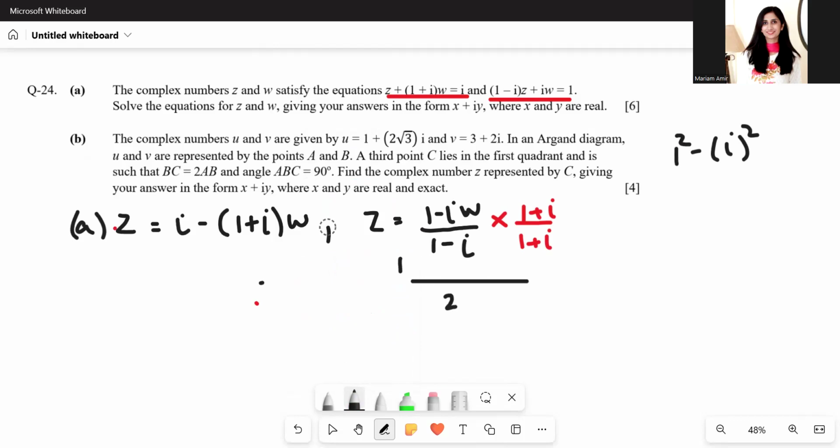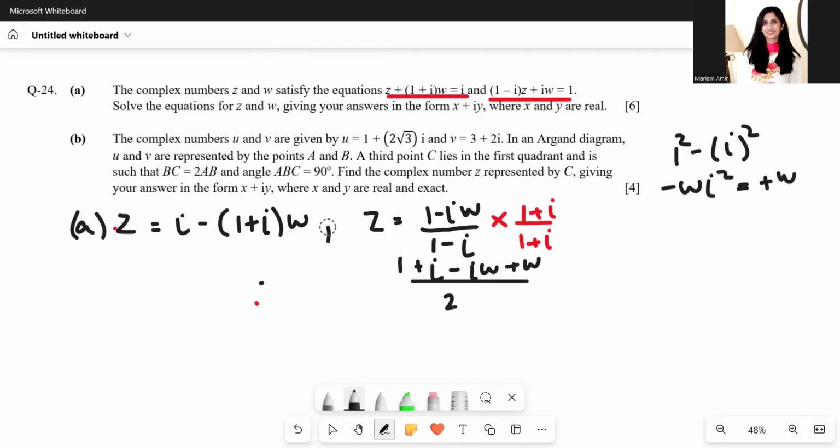The numerator would become 1 plus i minus iw and minus w i squared, which is just plus w.